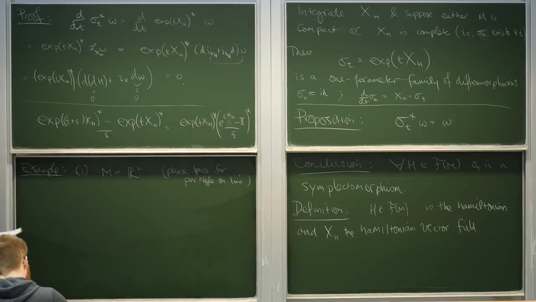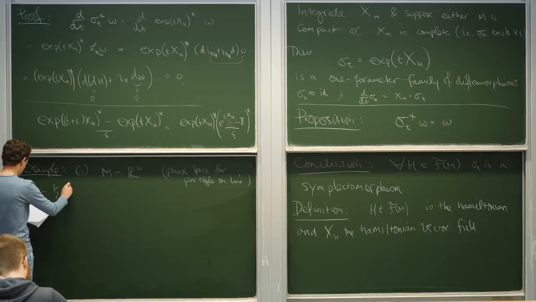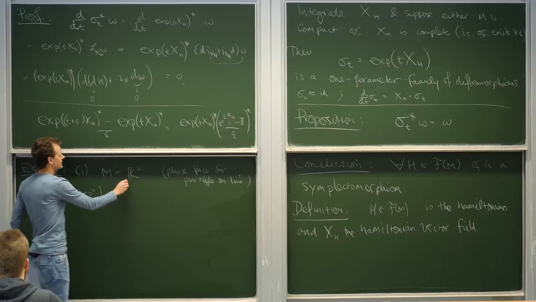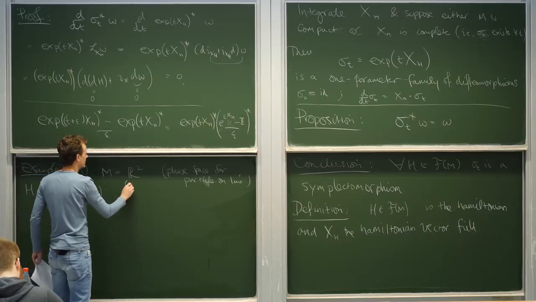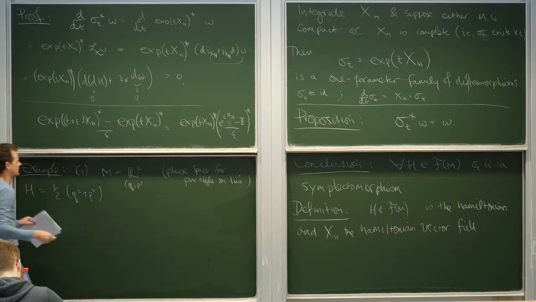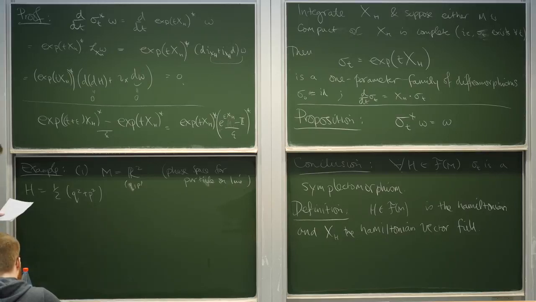It's R cross R. And let's take just this function that everyone knows, right? A half q squared plus p squared. So the coordinates of this manifold are q, p. So that's, I hope, a fairly familiar function on this phase space.